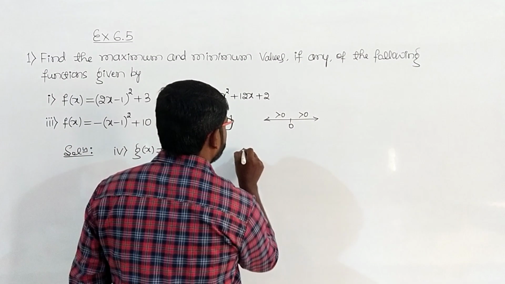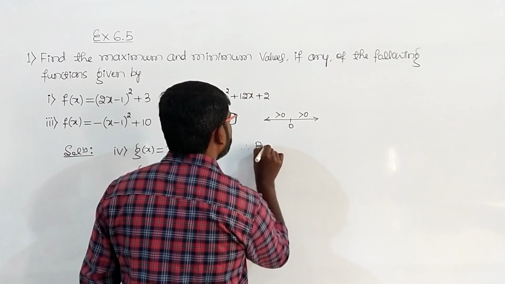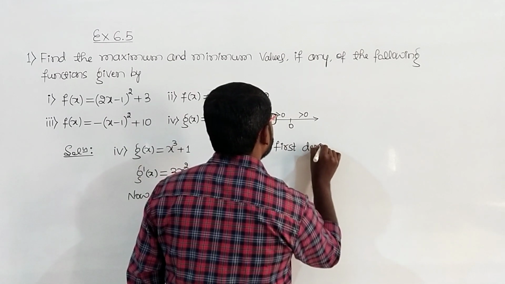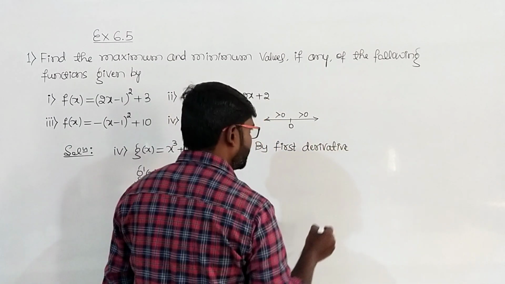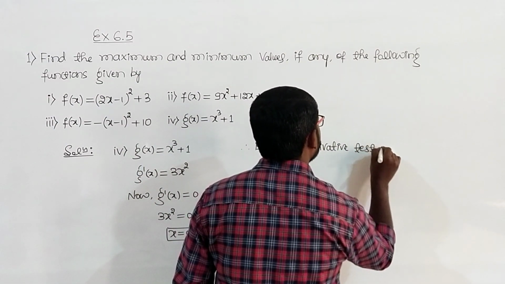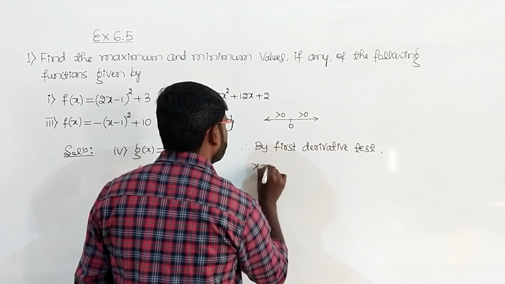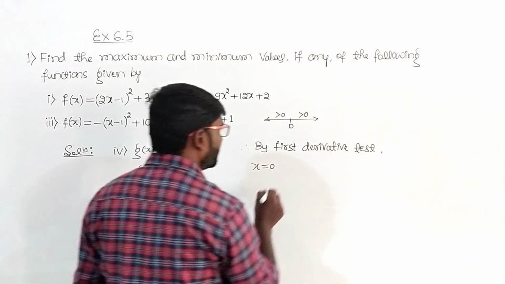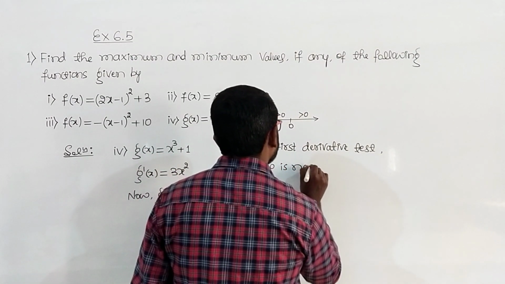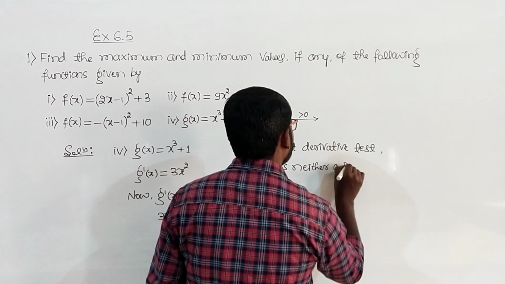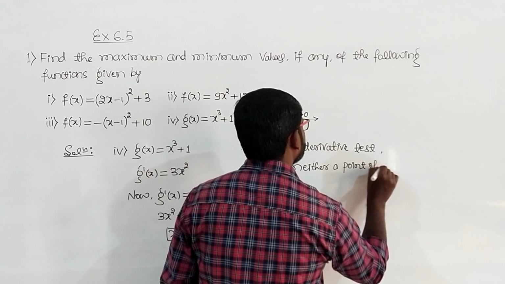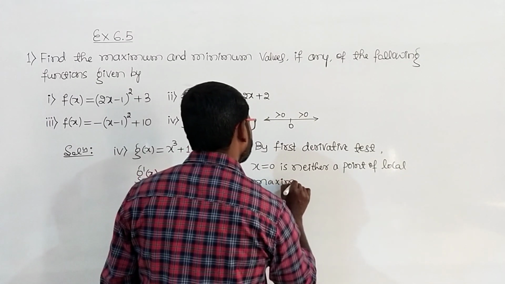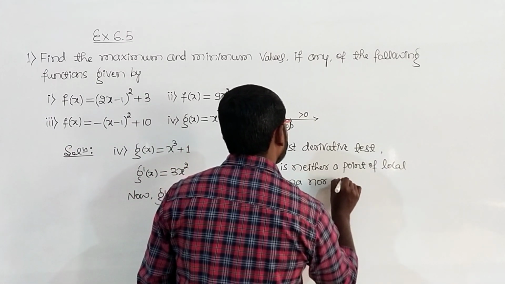Therefore, by first derivative test, x equal to 0 is neither a point of local maxima nor a point of local minima.